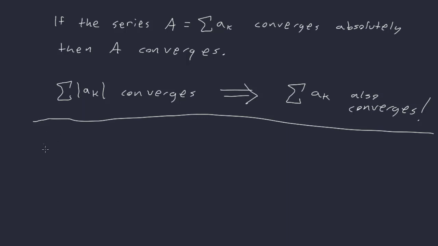So for example, this is the example I like to think of where this is useful. Consider the series W, which is the series k going from 1 to infinity of, let's just say, sine of k over k squared. We're going to have trouble using a lot of our series tests on this particular series because of that sine k.